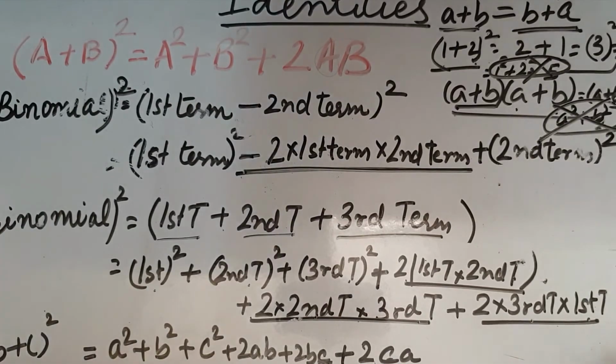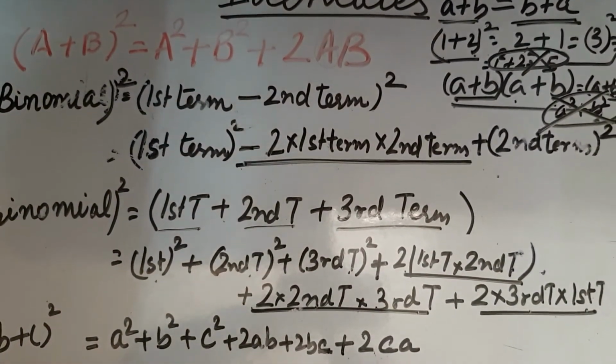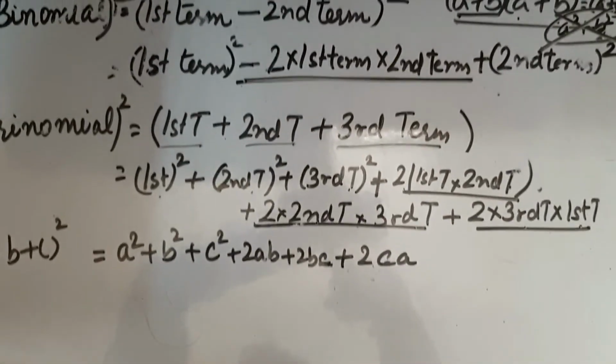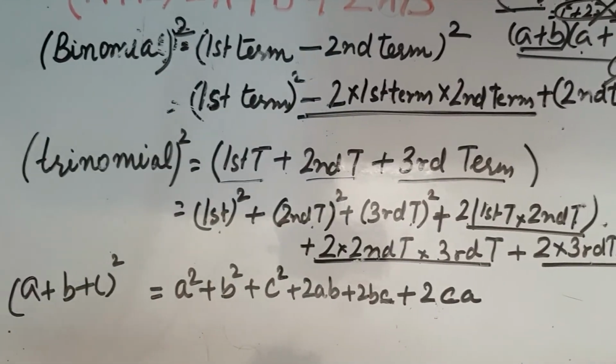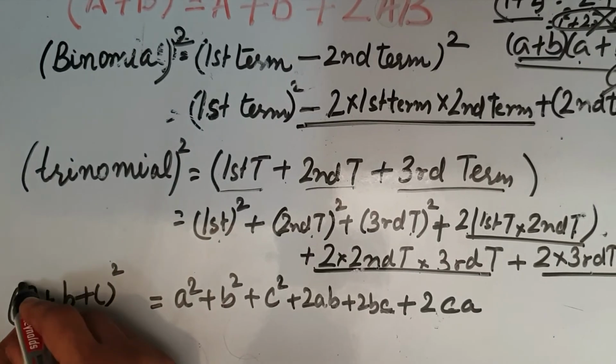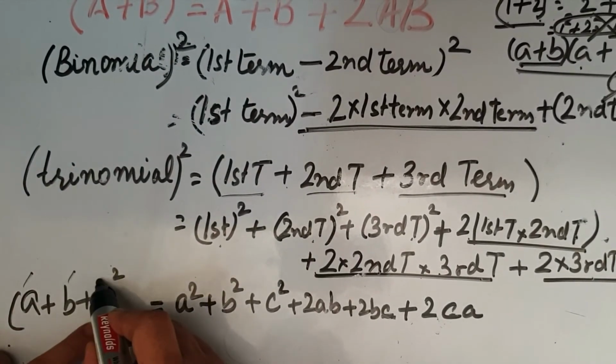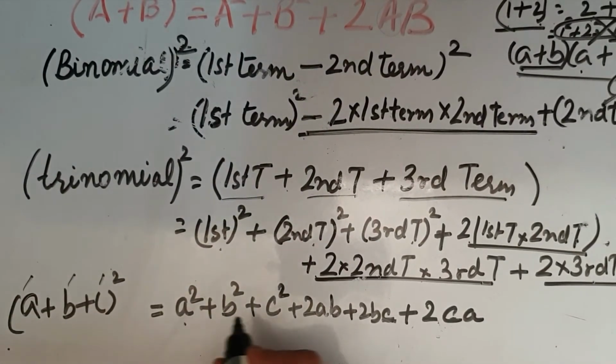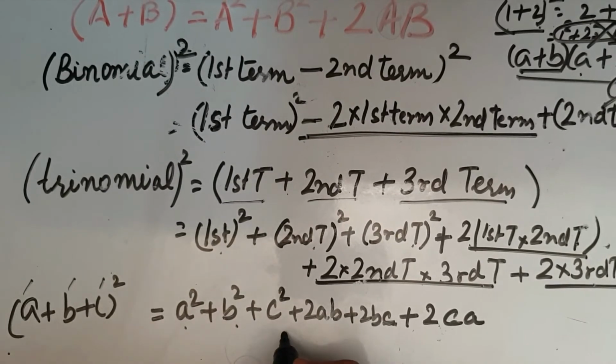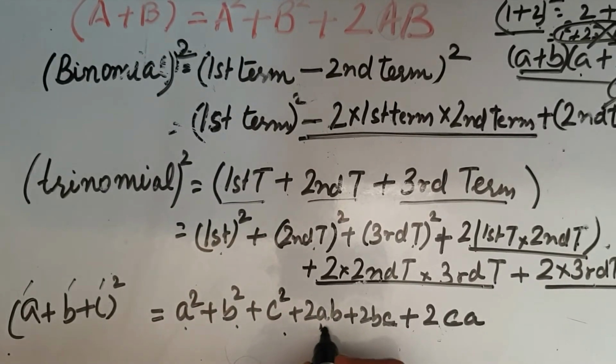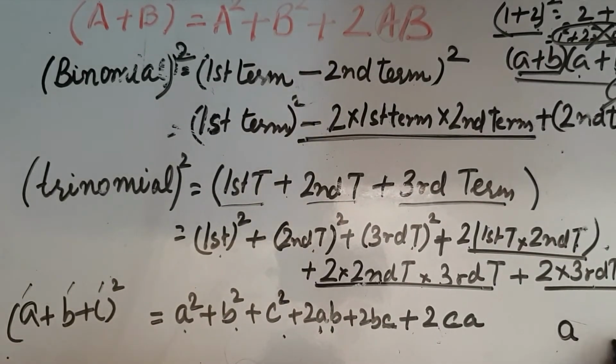Cyclically, you can remember it as a plus b plus c whole square. This refers to the first term, second term and third term. So it is first term square plus second term square plus third term square, plus 2 into first term into second term. Like cyclically you can learn it and remember it.